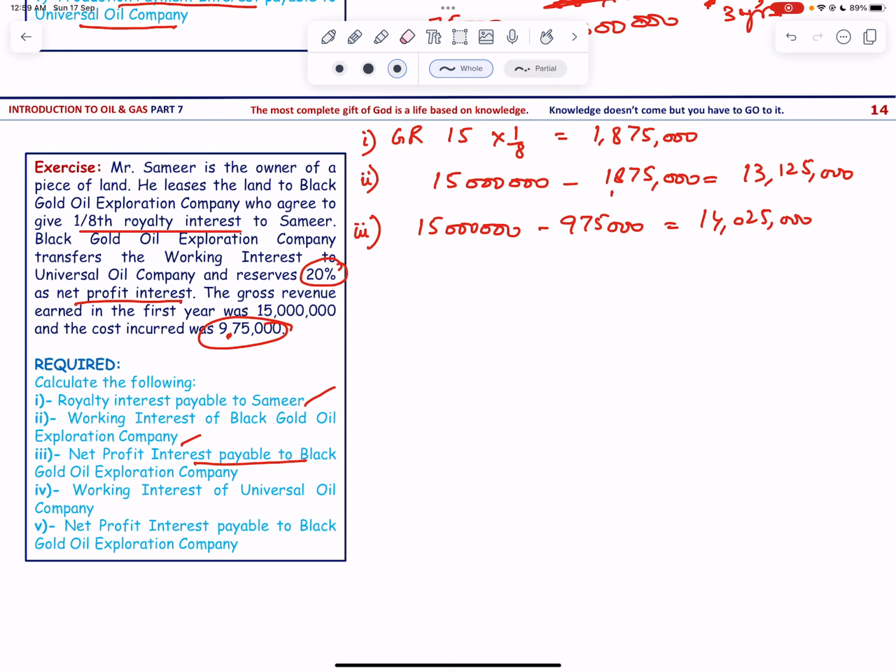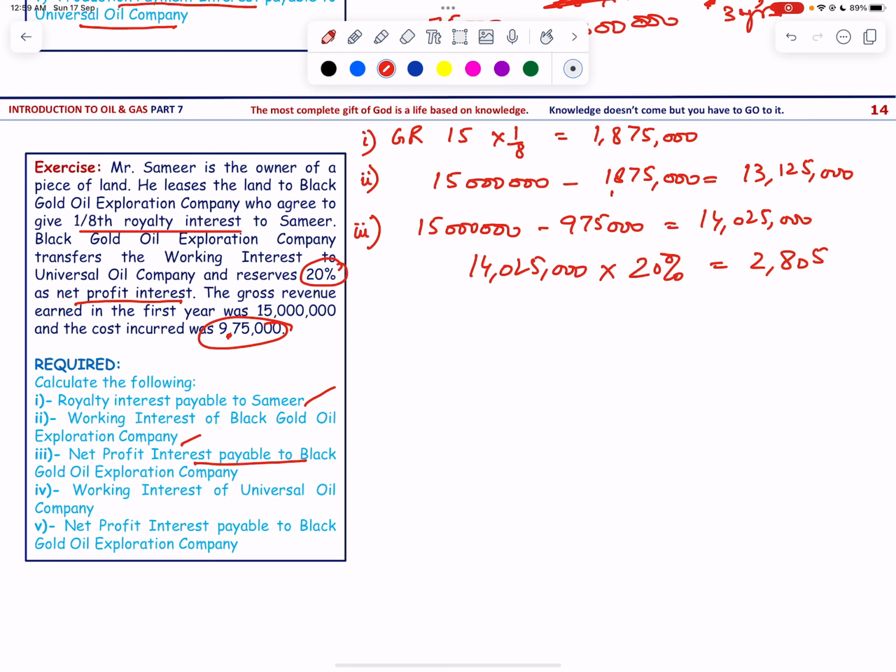The net profit that is payable to Black Gold Oil Company is going to be how much? 20%, that is 1/5. So we have 14,025,000, and from this 20% is a reserve, so 20% will be 2,805,000.